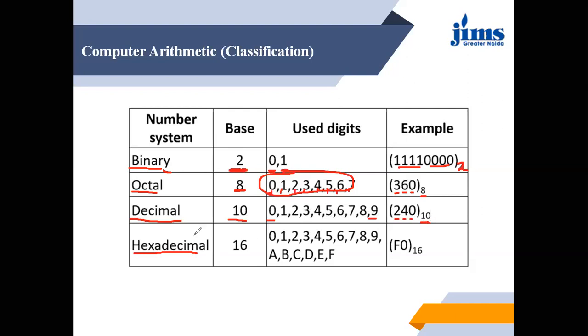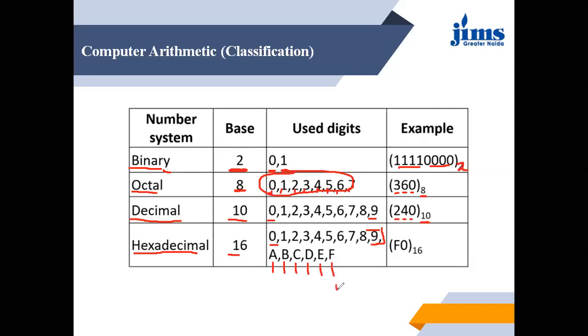Next is hexadecimal. The hexadecimal number system has base 16. It means there are 16 different digits in a hexadecimal number that start from 0 to 9, these are total 10, and 10 is represented by A, B 11, C 12, D 13, E 14, and F 15.